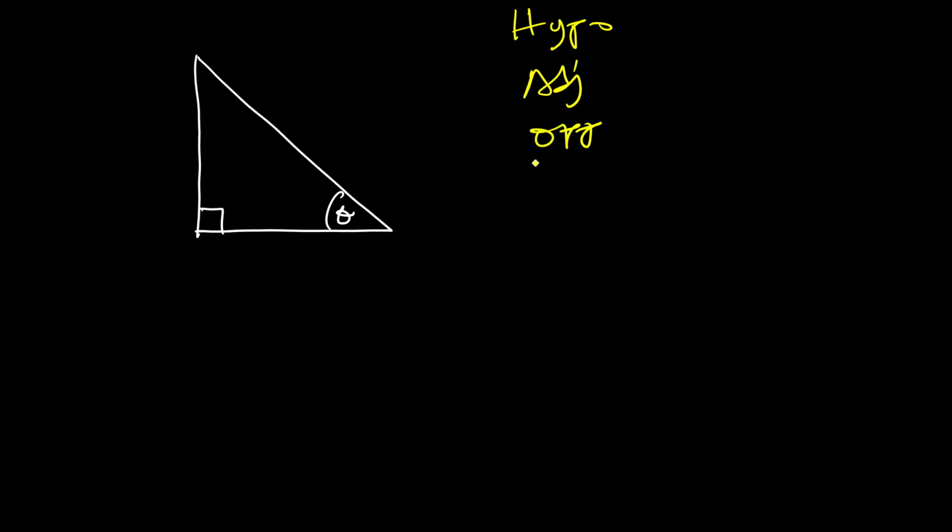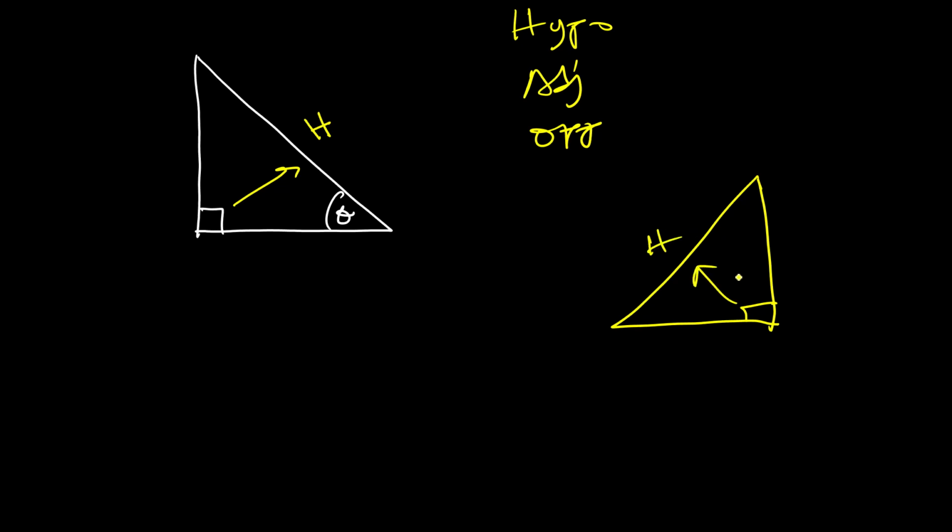Pay attention here. The hypotenuse is always the longest side, which always faces the 90 degrees. Not drawn to scale, this is 90, so my H will be here. This side is facing the 90 degrees, so that's the hypotenuse.